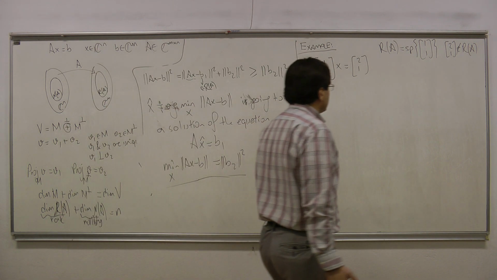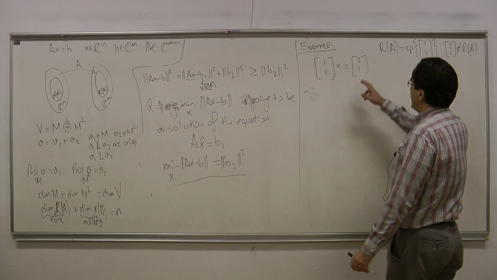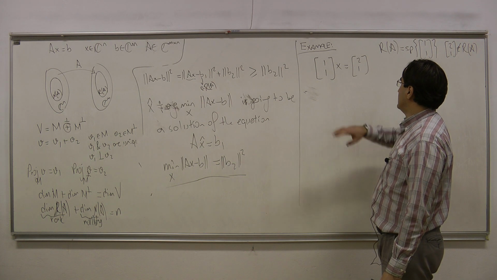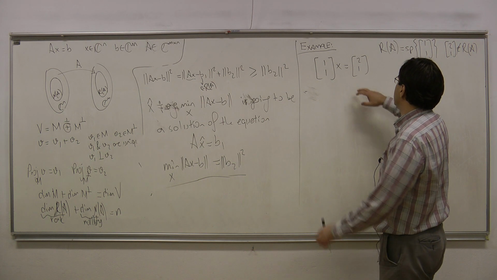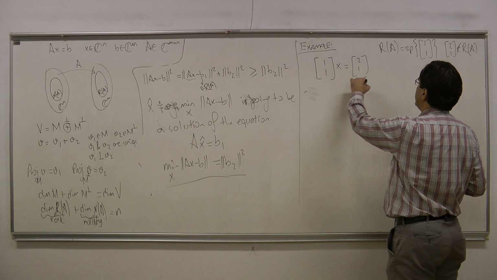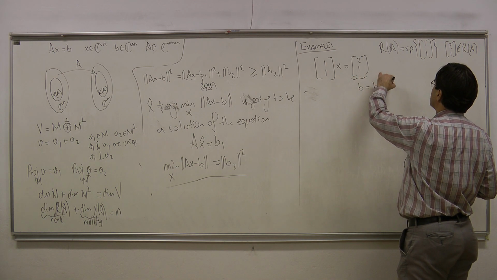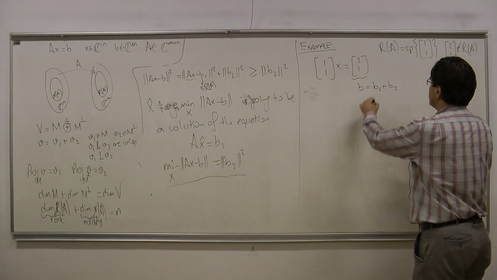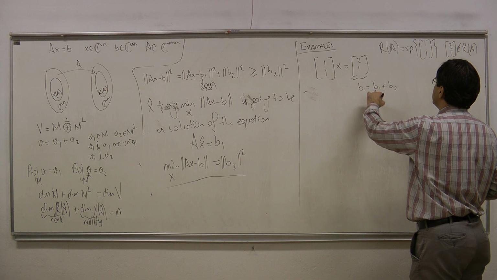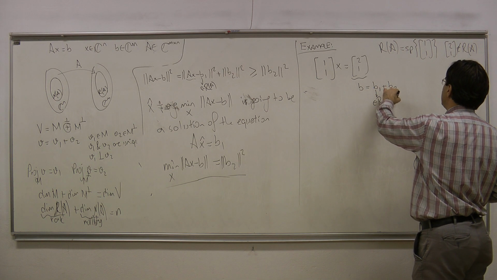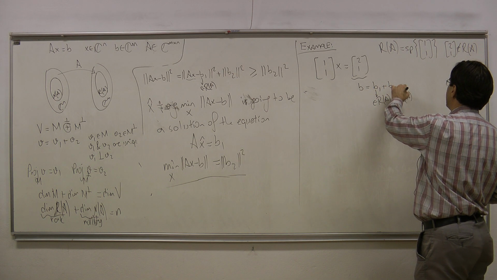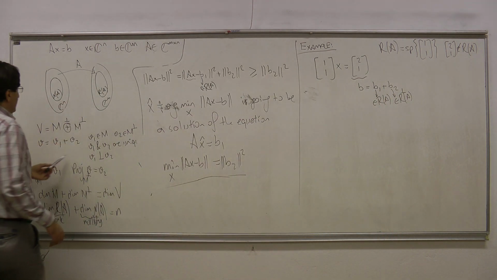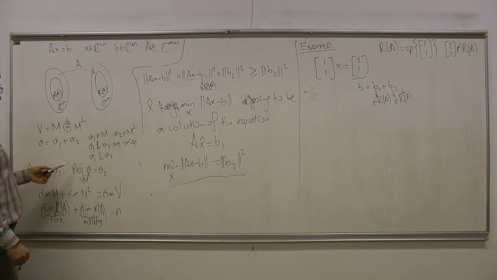Now what I'm going to do is to find B1. Remember here, if I write B in terms of B1 plus B2, then B1 is going to be the component of B in the range space of A, and B2 is going to be in the range space of A orthogonal complement. Remember what I said about such decompositions.